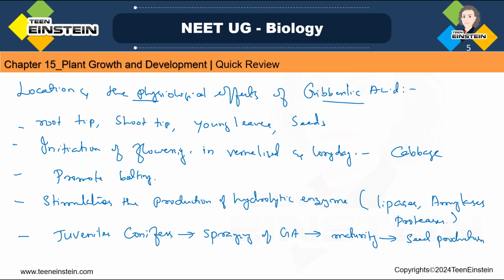So that is the role. Which one is doing that role? Gibberellins. The physiological effect created by gibberellin here, when we are spraying gibberellic acid in juvenile conifers, is early maturing and seed production. Clear? So now we have learned the physiological effects.